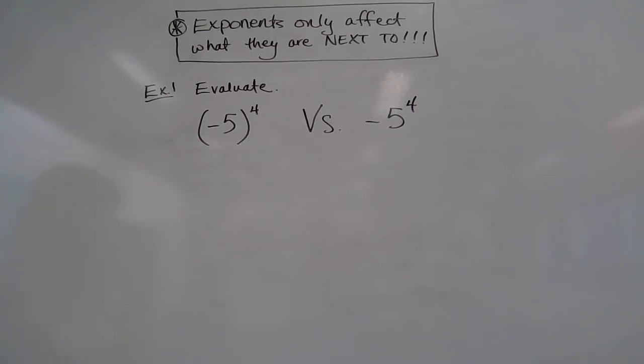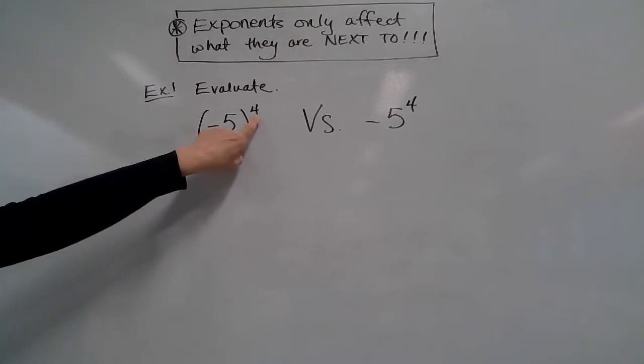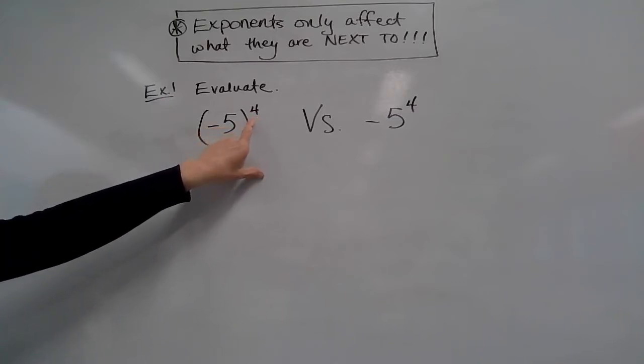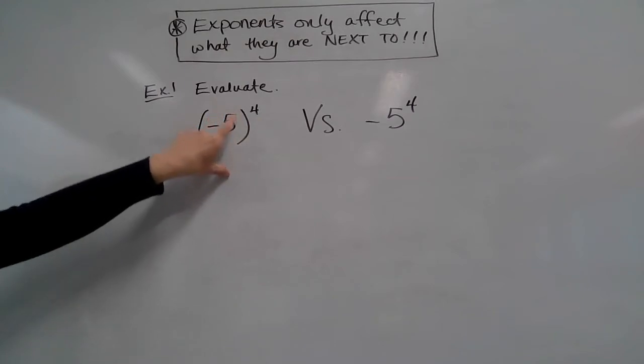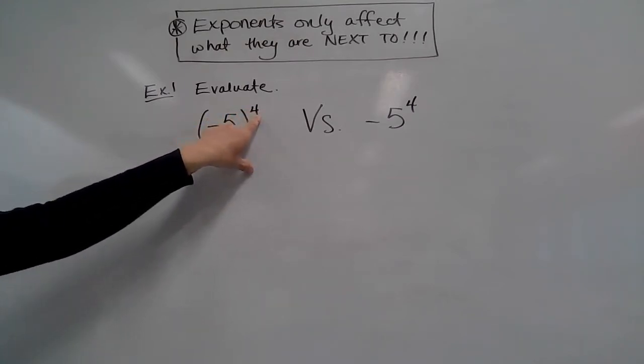We are evaluating. In the first part, -5 is in parentheses, and that 4, which is the exponent, is next to the parentheses. That means it affects everything in the parentheses. The -5 is being multiplied by itself 4 times.